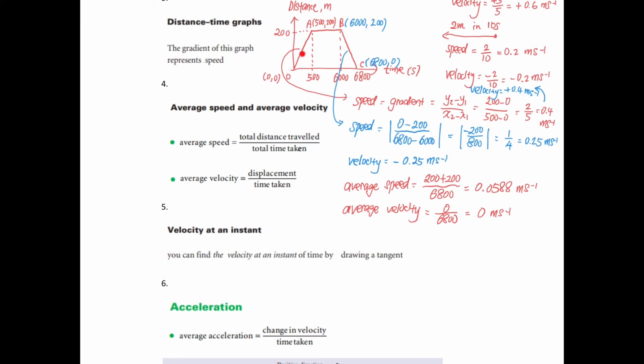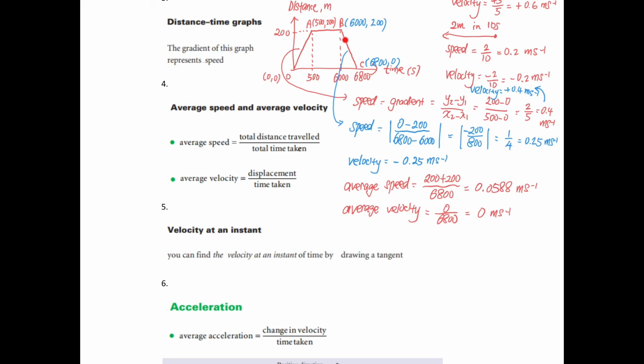Drawing a tangent is kind of meaningless here, because if you want to find the velocity at this instant, the tangent is basically the same gradient as this line, where you can take 0.4 straight away. If they ask you to find the velocity at this instant, of course here is horizontal, then the gradient is 0, so the velocity is 0.